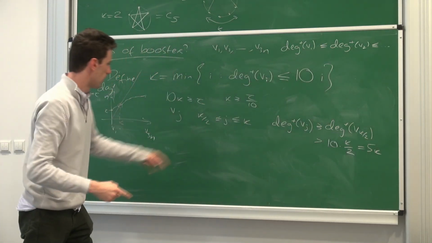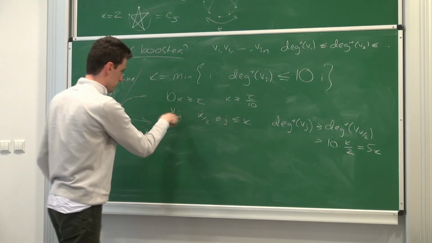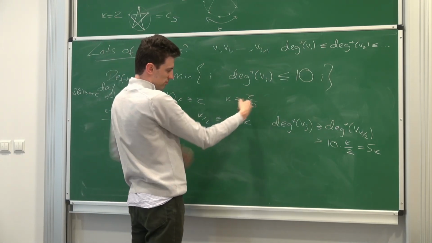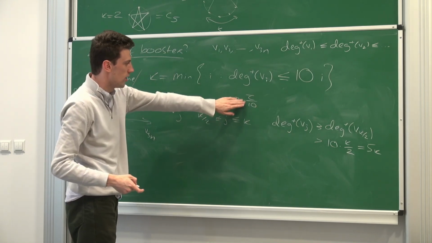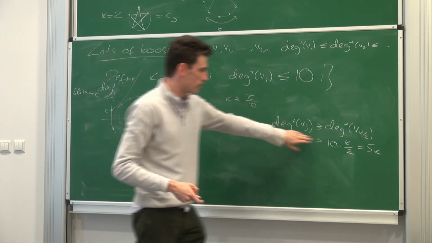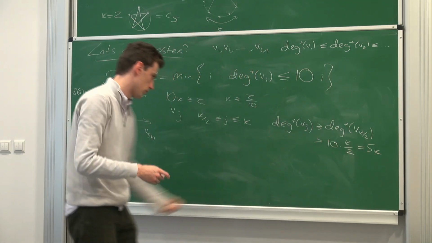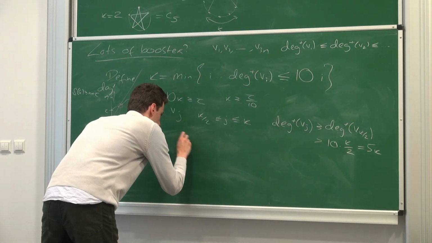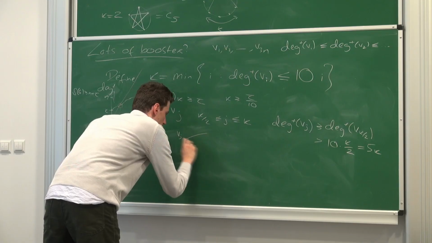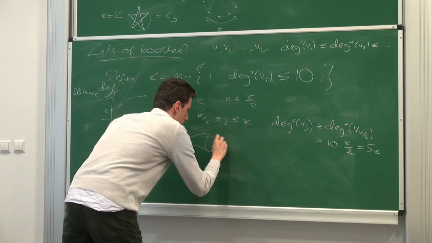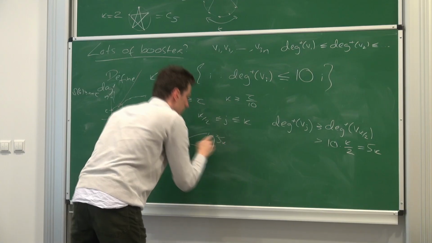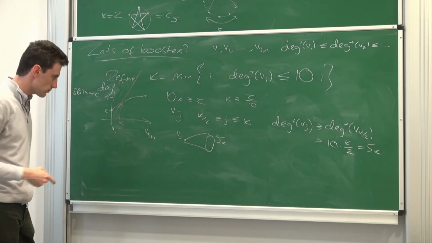So we've got a good number of vertices, K/2 vertices, so tau, forget about multiplicative constants, but tau vertices, all of which have big forward degree. So here's Vj, and it has at least 5k forward neighbours.